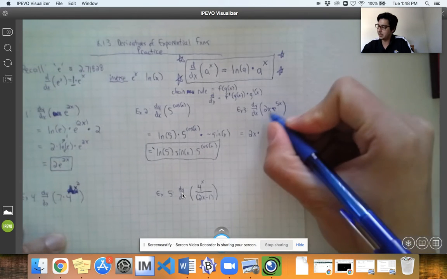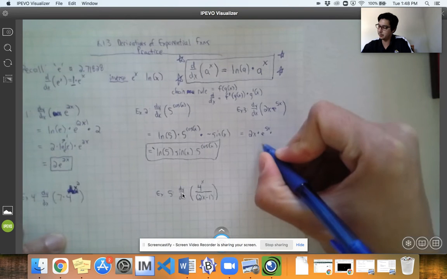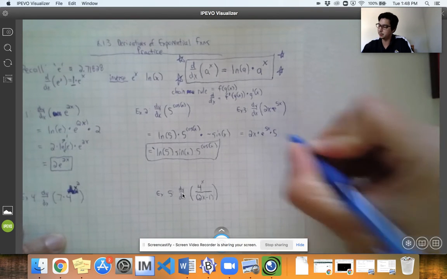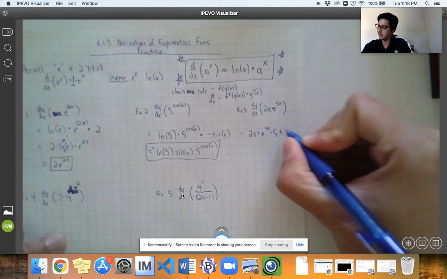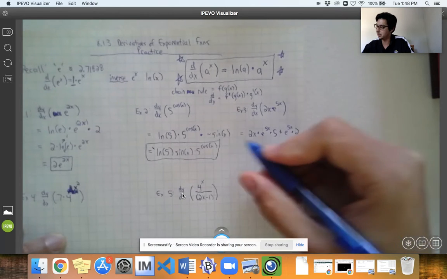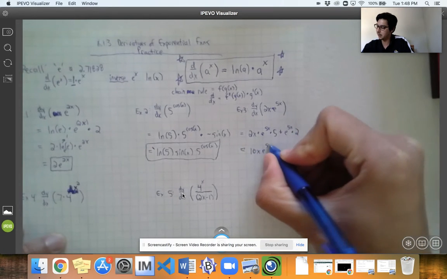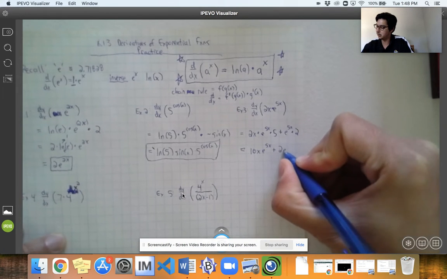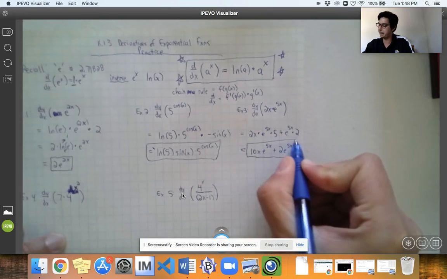So times natural log of e times the function itself, and then because of chain rule, take the derivative of the inside, which would be 5. So the first times the derivative of the second, plus the second times the derivative of the first, which is just 2. And there's your answer. Cleaning it up a little bit, we'll have 10x e to the 5x plus 2e to the 5x. That's a cleaner way of writing that. Good.